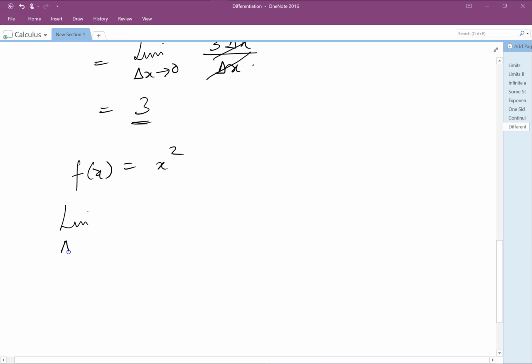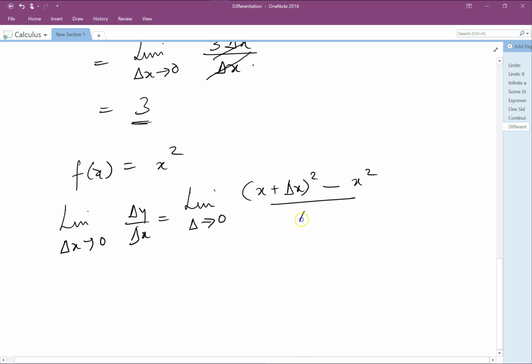Limit as delta x approaches 0 of delta y by delta x equal to limit as delta x approaches 0 of, wherever x is there, we have to take x plus delta x square, minus f of x. f of x is x square, by delta x.